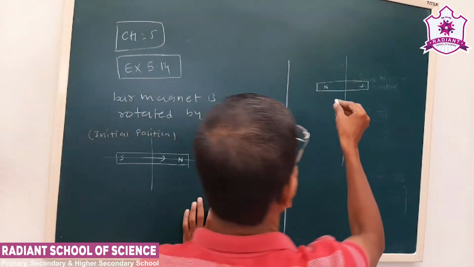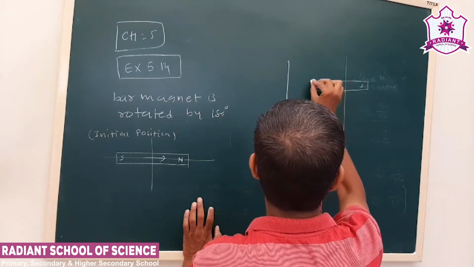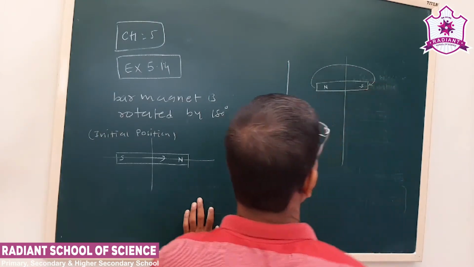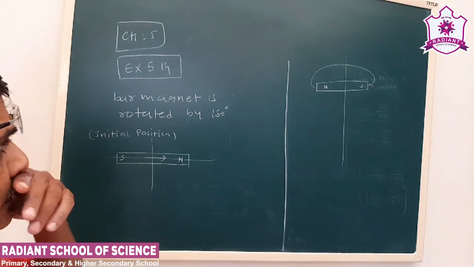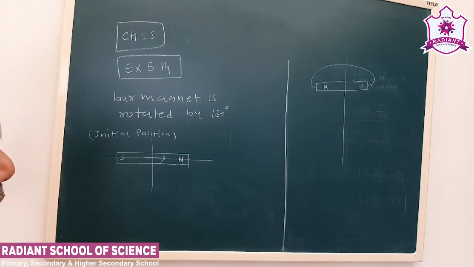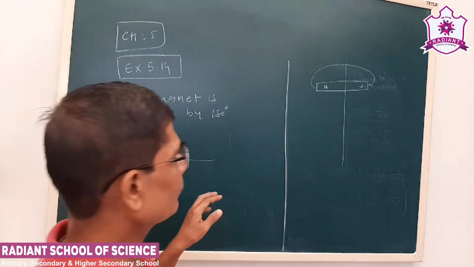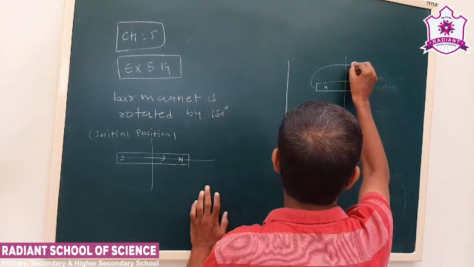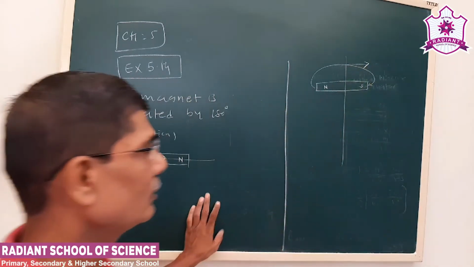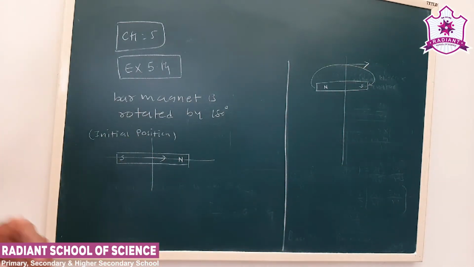Now the bar magnet's field line will be this. Consider the horizontal component of the net magnetic field. The tangent drawn at any point on a magnetic field line shows the direction of the magnetic field.